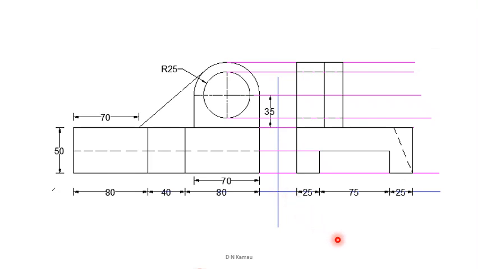Introduce a 45 degrees line here, so that all the lines that are coming down will be deflected at that 45 degrees line, and they will be reflected at 90 degrees to now be able to effectively borrow the distance of 25, of 75, of 25, and these other distances.